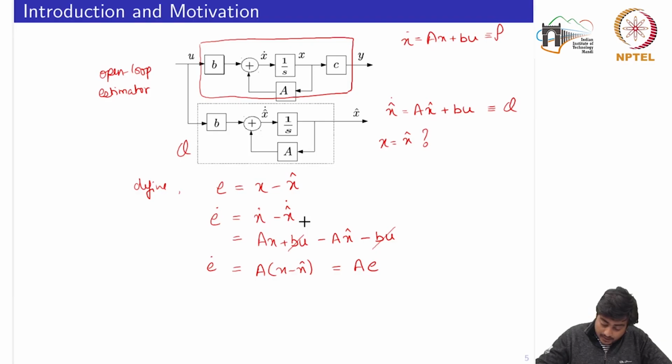But the extra condition we need to put here is that A should be a stable or Hurwitz matrix, which again might not be possible all the time.